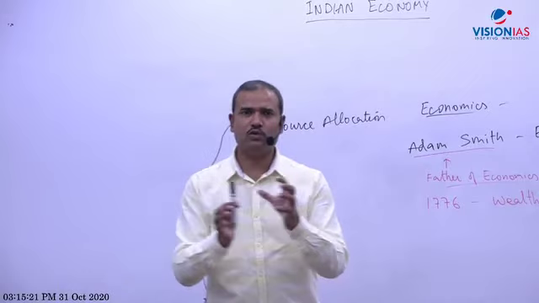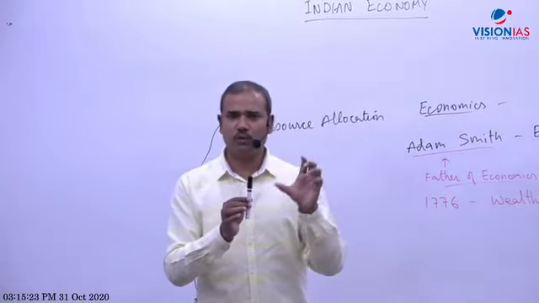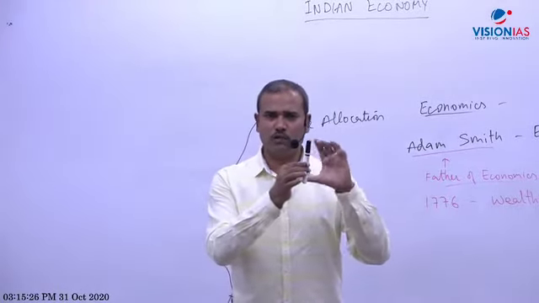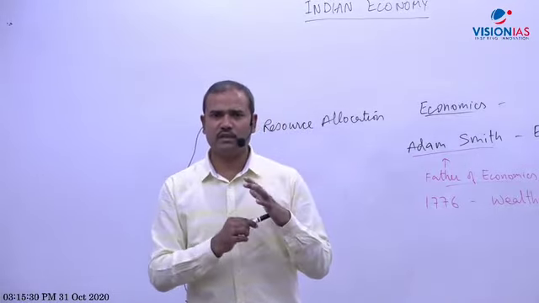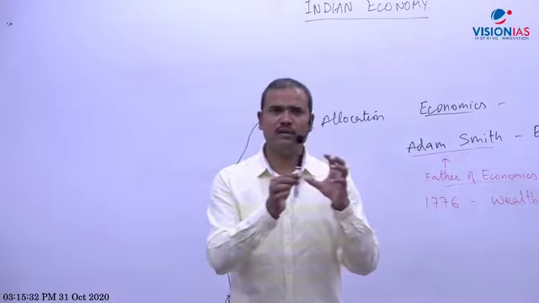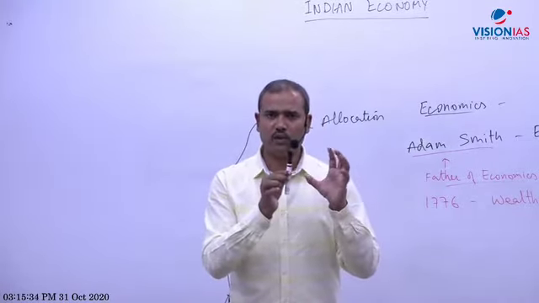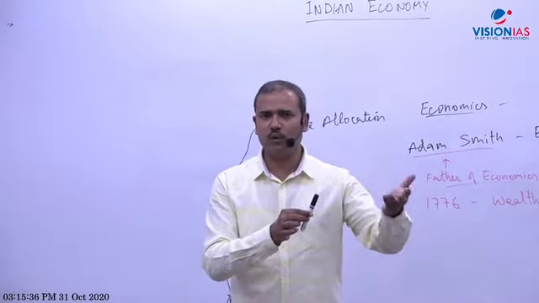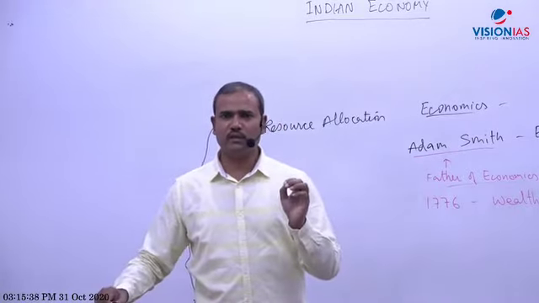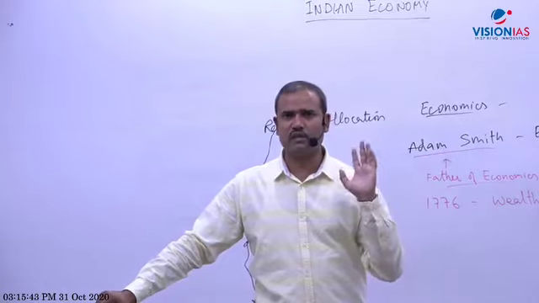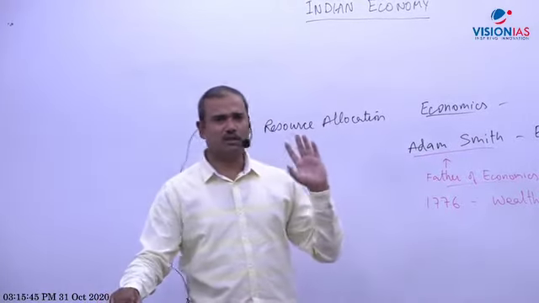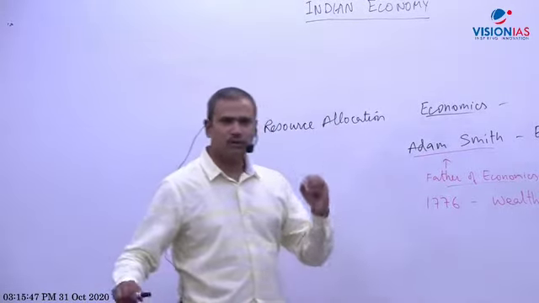For producing any good we need resources, so if we want to produce more, we have to allocate more resources. The main objective of economics is to make optimal use or proper use of our scarce resources. Clear? This is the core concern of economics.